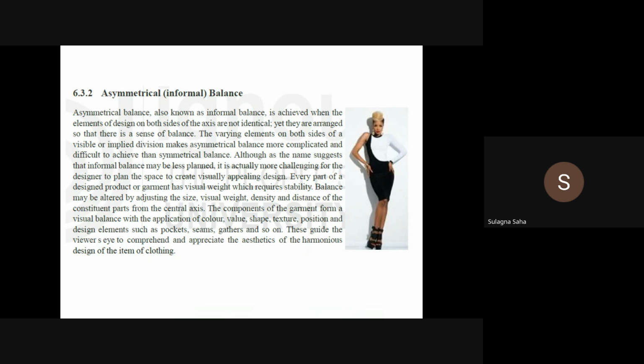So even though white is a higher value color, we would use less white and more black because the total weight of it balances out across the axis. Now we can achieve this with different colors, textures, shapes, we can also have some pockets, seams, gathers, so that we understand the aesthetics of it.